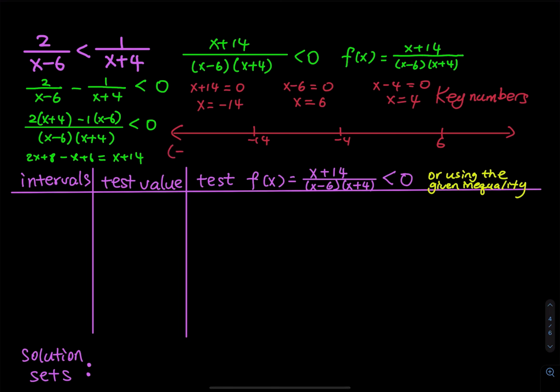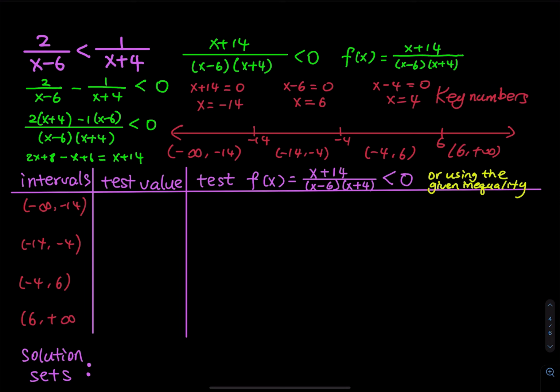The first test interval is from negative infinity to 2, and then from 2 to 4, and then from 4 to 6, and then from 6 to positive infinity. You have 4 intervals. Let's drop them down.